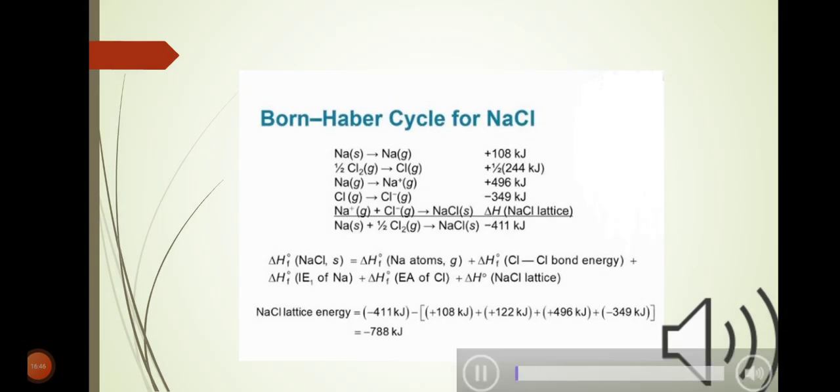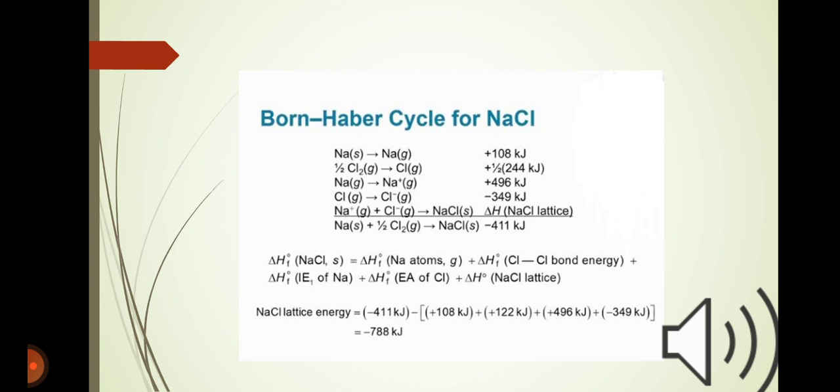The calculation of lattice energy in the case of NaCl. To convert solid sodium into gaseous sodium, the enthalpy of sublimation is plus 108 kilojoule. To convert half a mole of gaseous chlorine molecule into chlorine atoms, the energy is half of 244 kilojoule. To convert gaseous Na atom into gaseous sodium cation, the ionization energy required is 496 kilojoule.